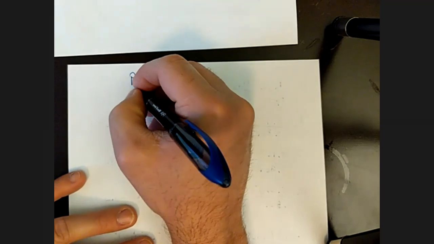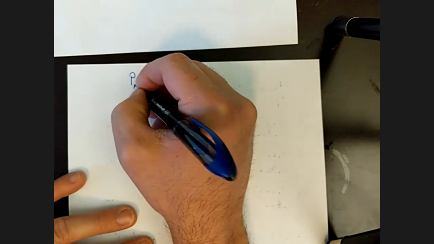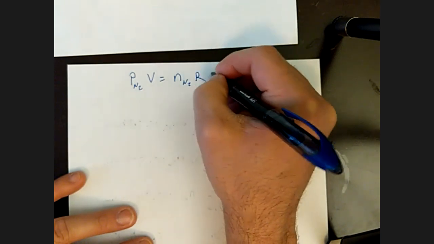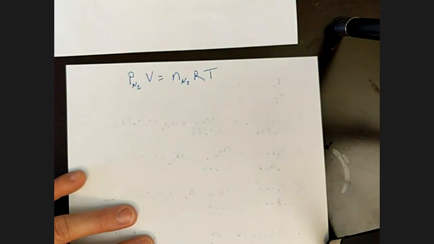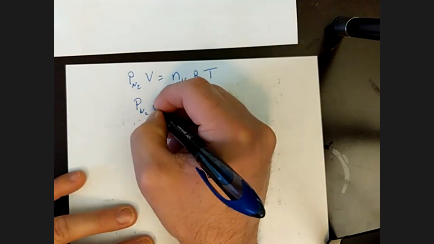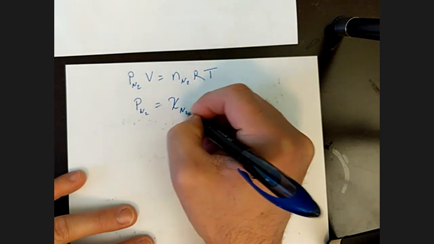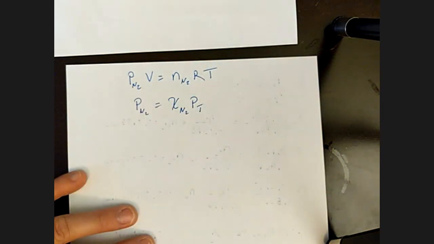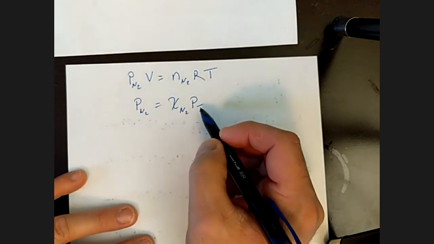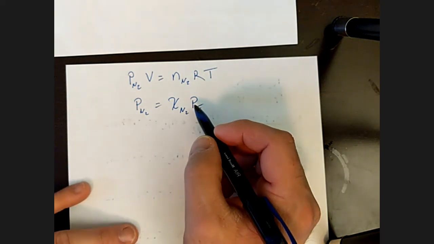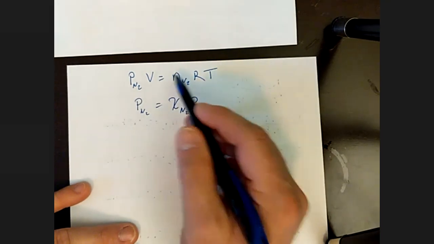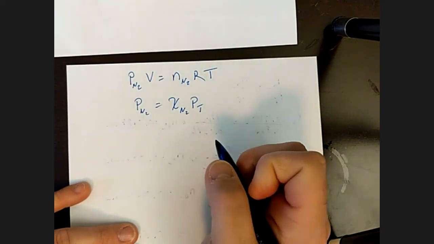If we're looking at the partial pressure of nitrogen, we can use another equation that shows up in this chapter, where the partial pressure of the nitrogen equals the mole fraction of nitrogen times the total pressure. Now, obviously, you have everything you need here to just keep jamming these into the ideal gas law.